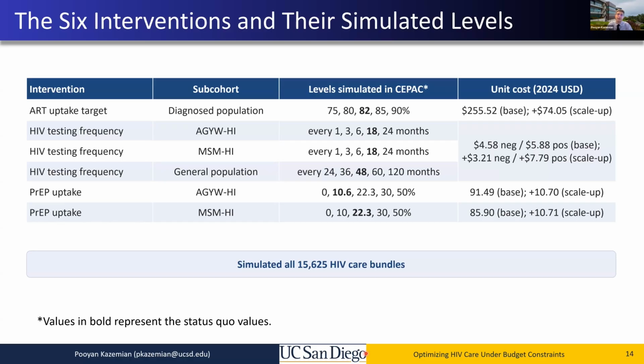But for now, we assume that testing for MSM can be done between every 1 month to every 24 months. And we did assume that there is an increased cost of testing if we want to do it more frequently than every 18 months, which is the current status quo level.